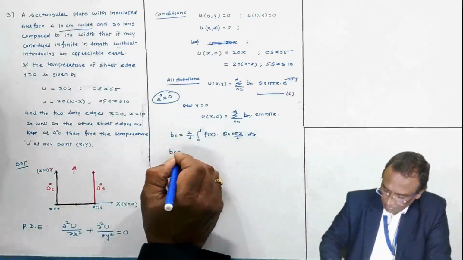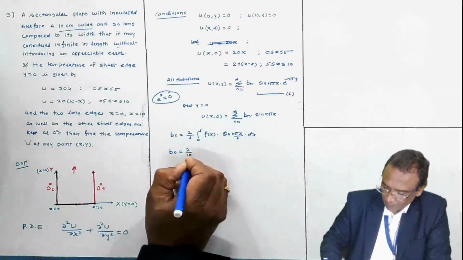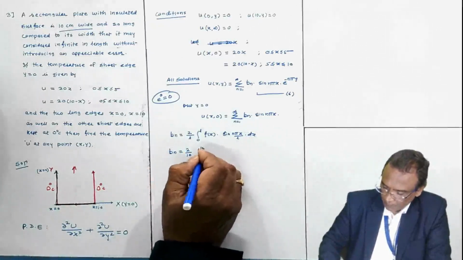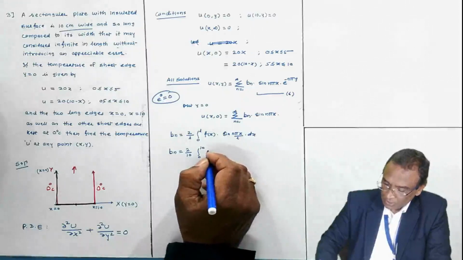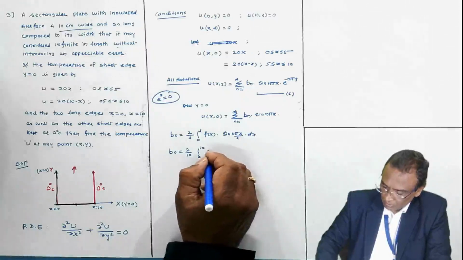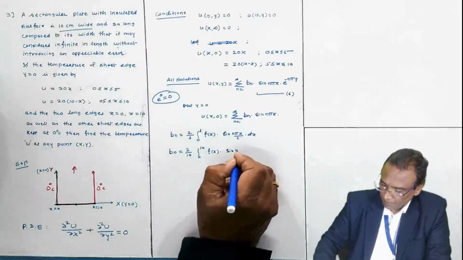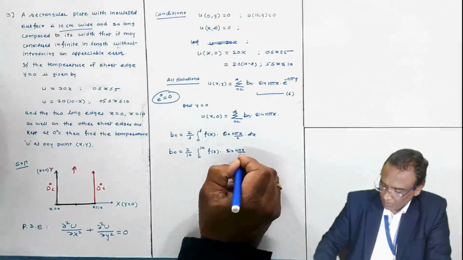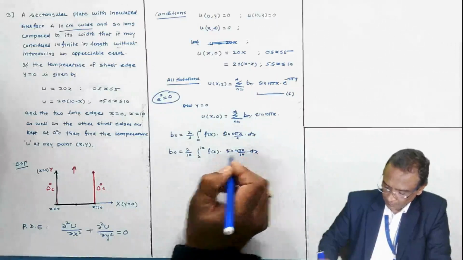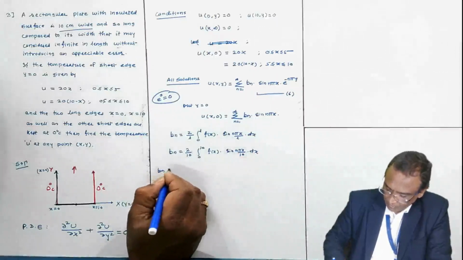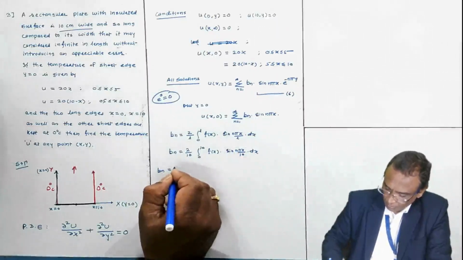In this problem, L is 10, and the function is f(x) sin(n pi x / 10).